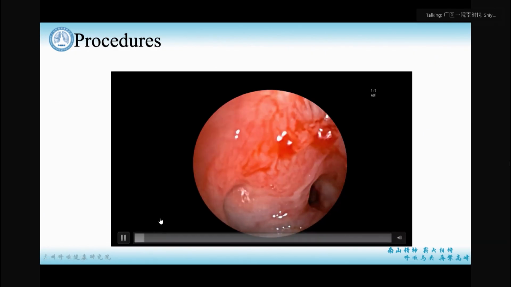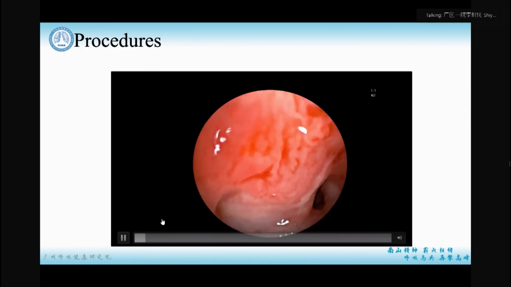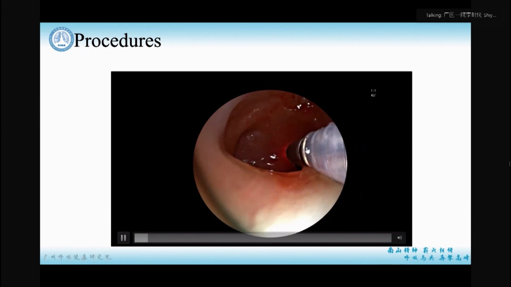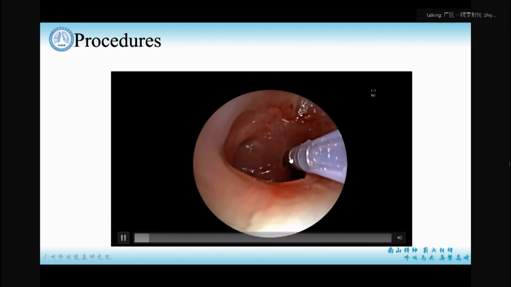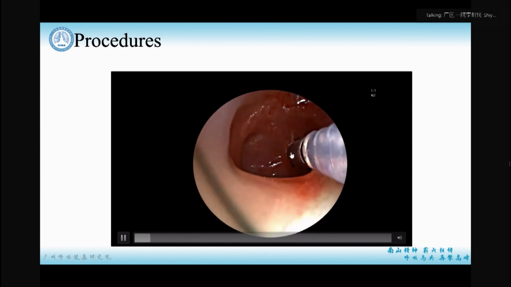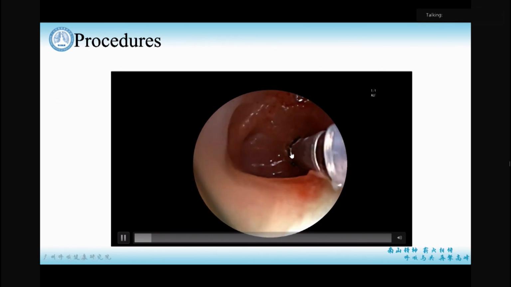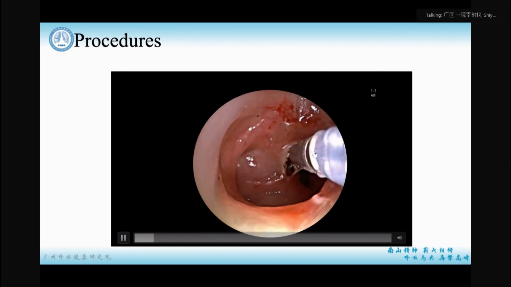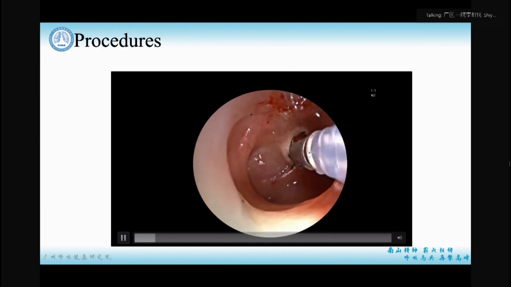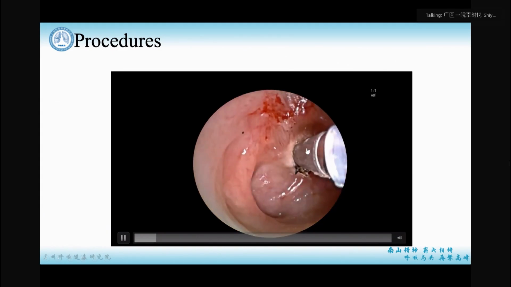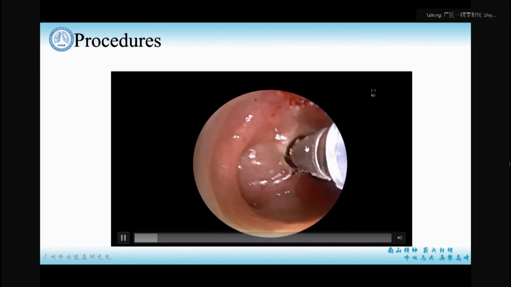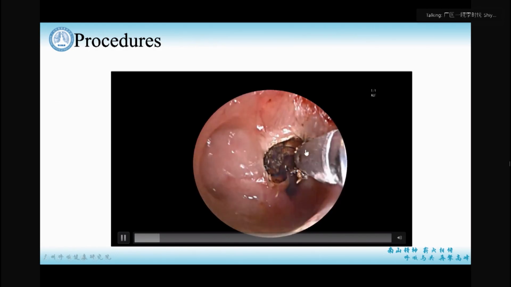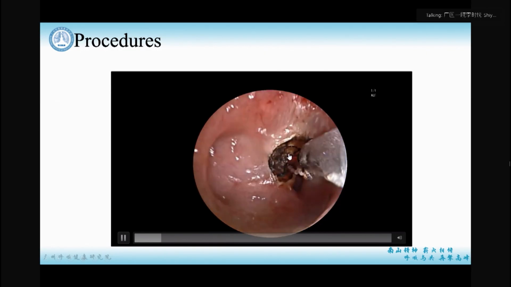With general anesthesia, we used the laser probe in contact mode, and then point by point ablated the tissue. Here we can see the tumor tissue was vaporized by the laser.